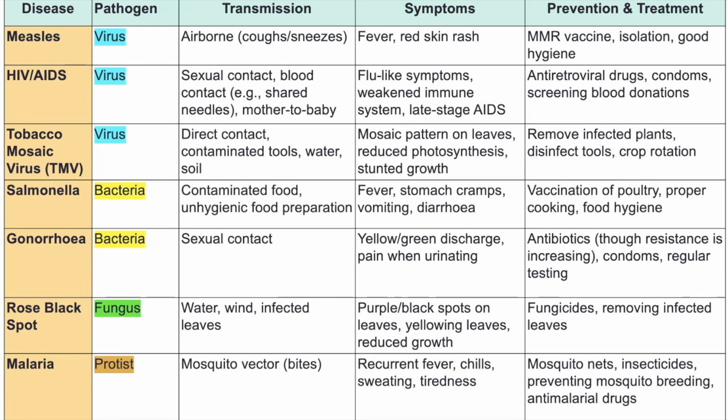These are just key facts that you're going to need to remember for the exam. So you've got the disease, the pathogen that causes them, how they're transmitted, symptoms, and also how you can prevent and treat them. You might want to also add whether it is a plant or an animal that has been infected, and that was on those previous slides if you want to add that in as well.